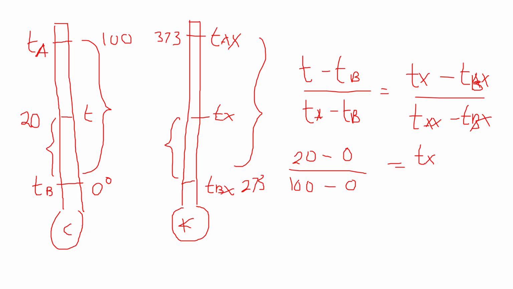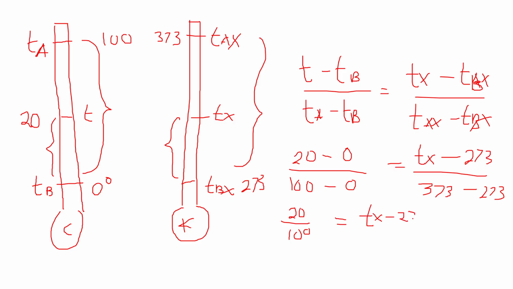Basically, if it's 20 Celsius, how many Kelvin is that? Minus TBX, which is 273, divided by 373, which is TAX, minus 273. This becomes 20 over 100 equal to TX minus 273 over 100.